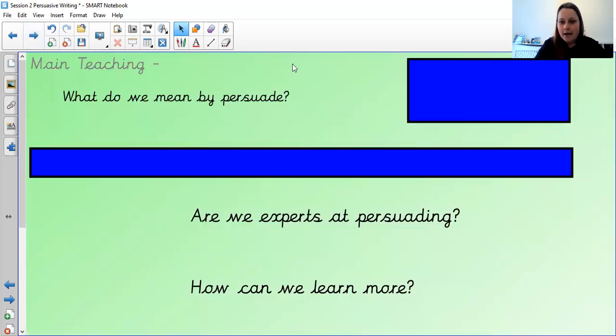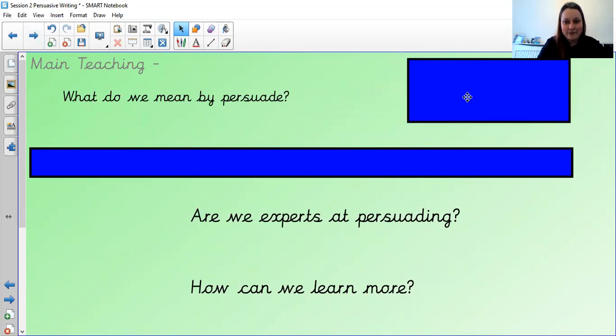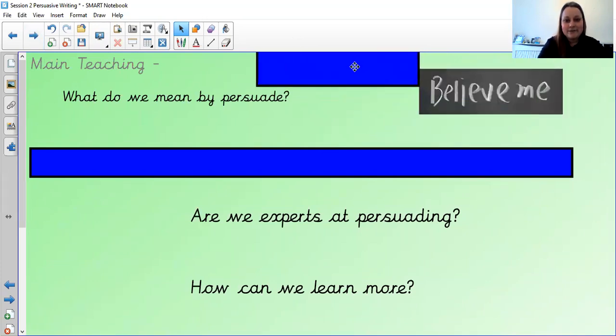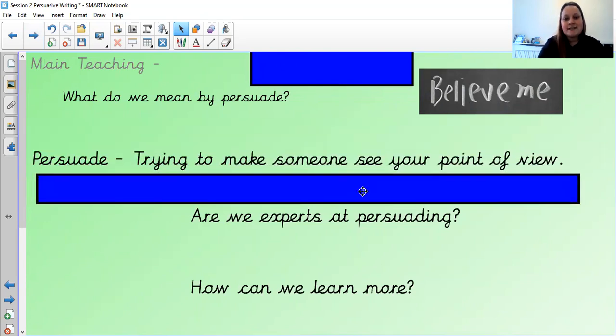So what do we mean by persuade? If you had to give a definition to somebody, what would you say it was? Persuade. So hopefully you remembered from yesterday that it's about believing you. So you want somebody to believe what you're saying. So when we persuade somebody, we are trying to make someone see our point of view.